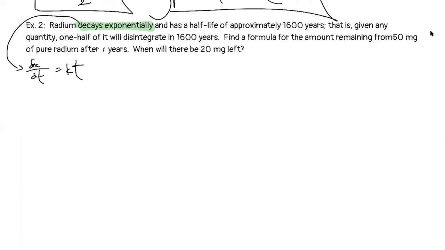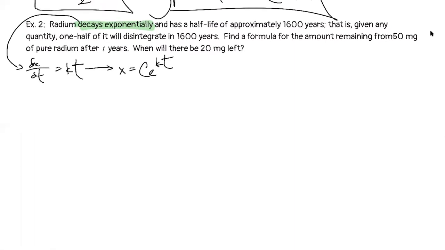And because we did all that work on the first page, we know that means x equals ce to the kt. Okay, so that's the calculus part, making the connection between these two pieces, all right? The rest of it is a lot of sort of pre-calc kind of work, all right? So in order to answer this question, we are going to find our k, just like we did in example number 1.